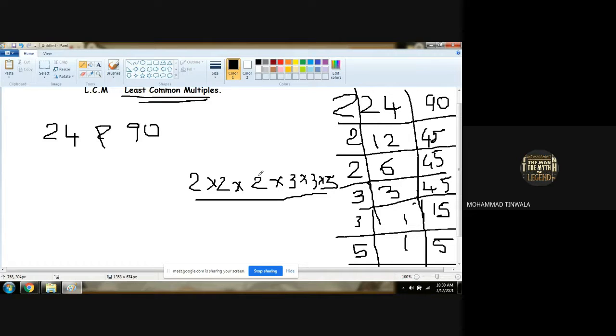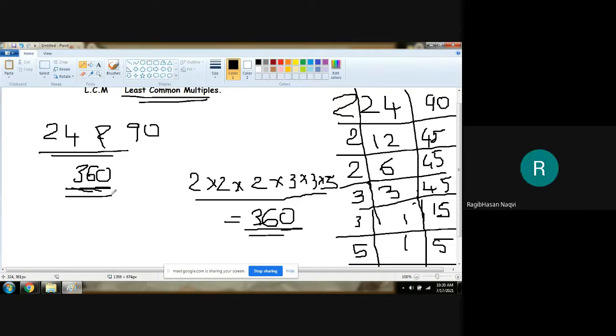Right? 8 9s are 72, 72 5s are 360 as your answer. So the LCM of 24 and 90 is 360. Any doubt here about how to solve the sums?